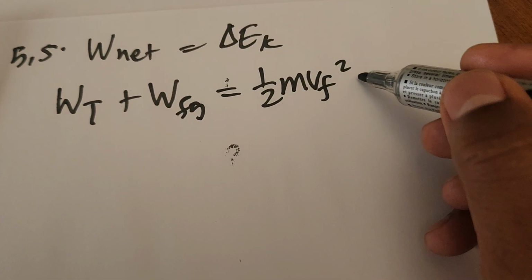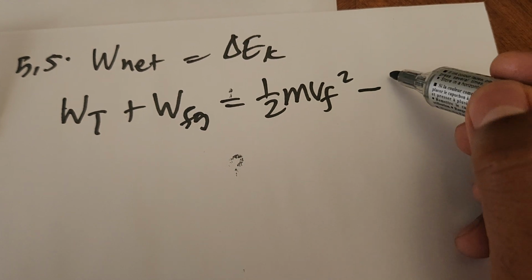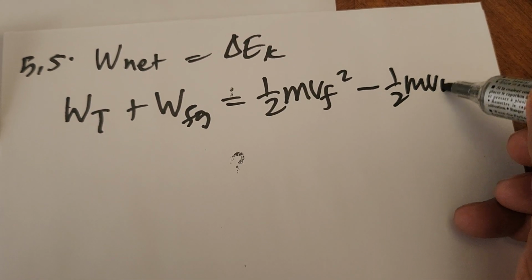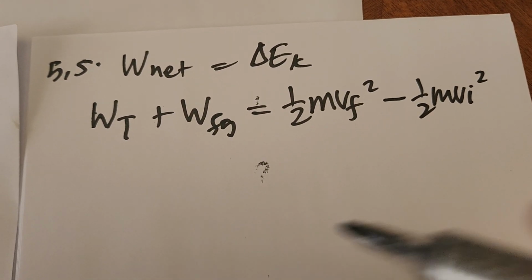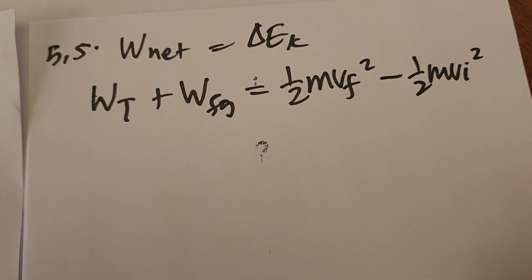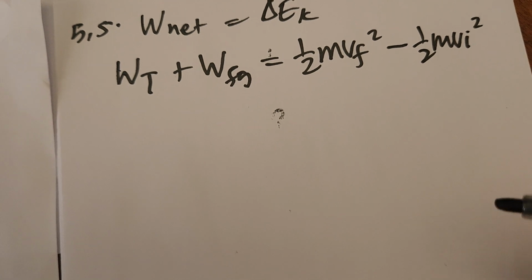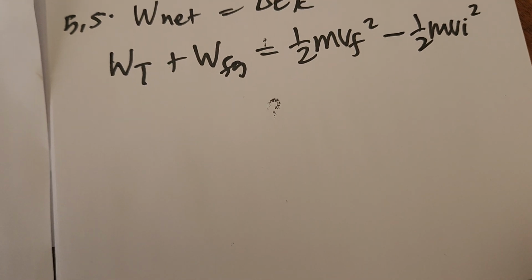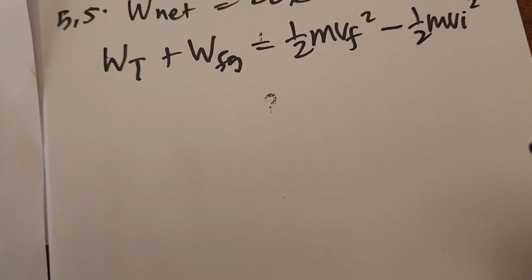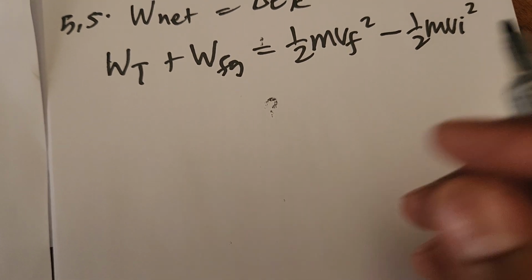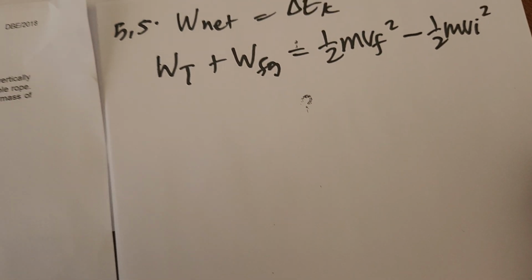Delta is final minus initial, the final kinetic energy minus the initial kinetic energy. When you have done this, you just have to substitute. In this case, the work net.